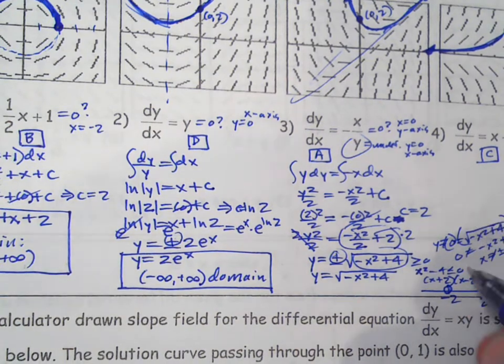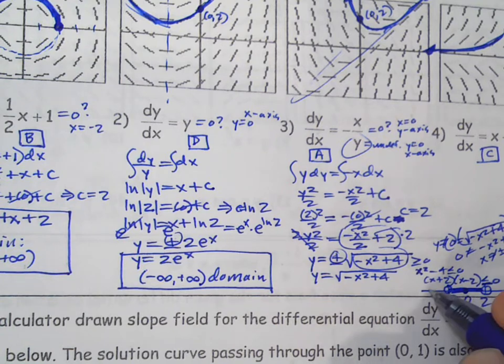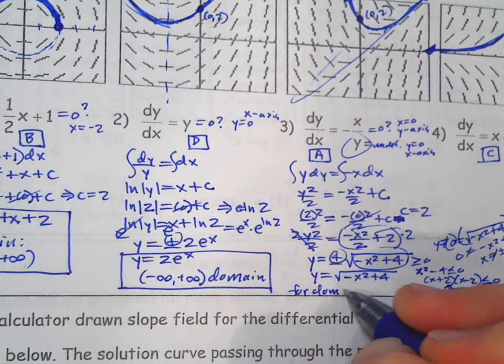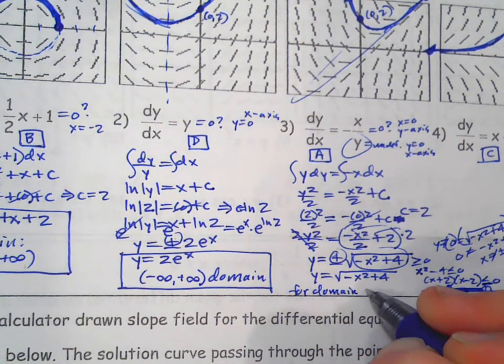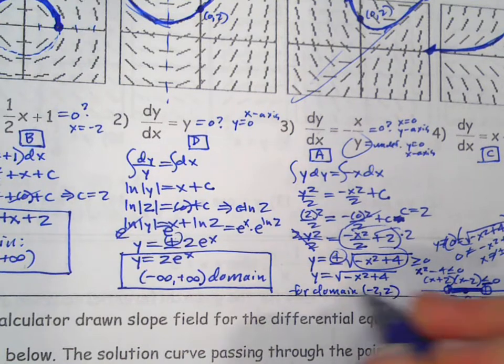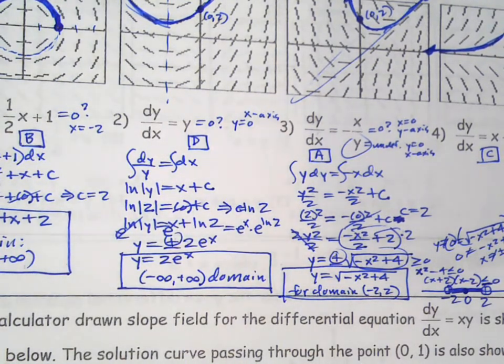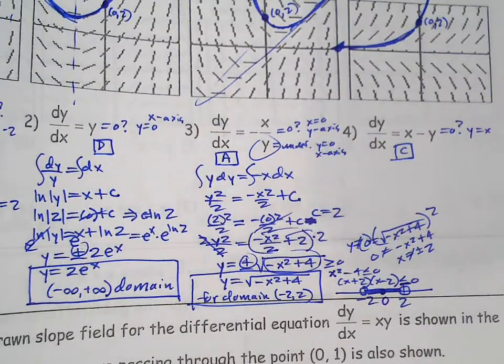It's easier. You just identify the initial condition was x equals 0. So it's this chunk, either this chunk or this chunk or this chunk. Single open interval. So for the domain, negative 2 to 2. So that's a requirement to be a part of your solution.